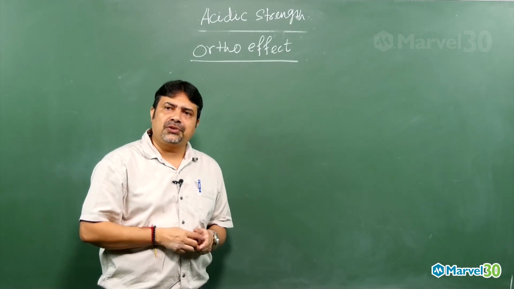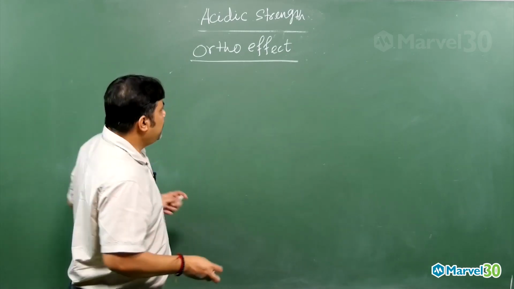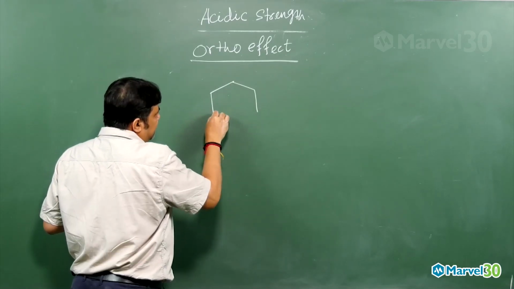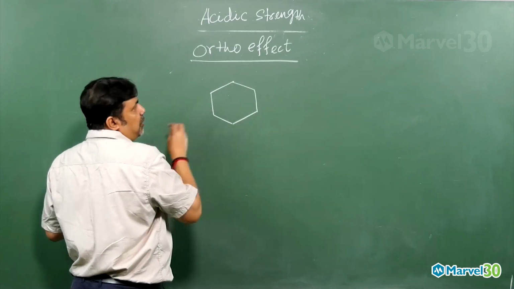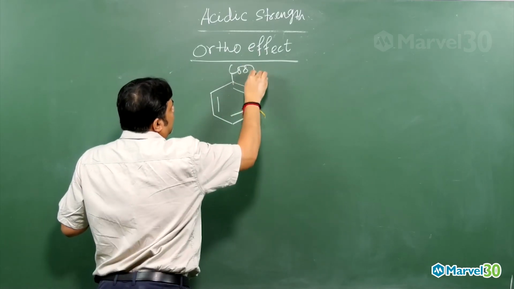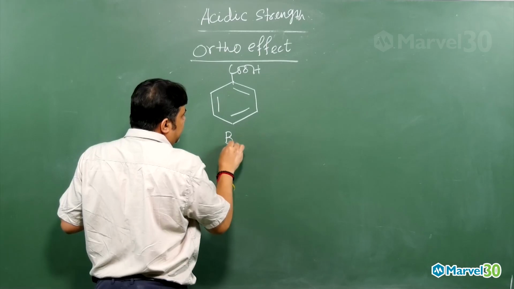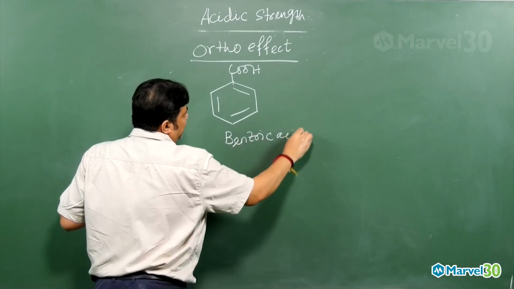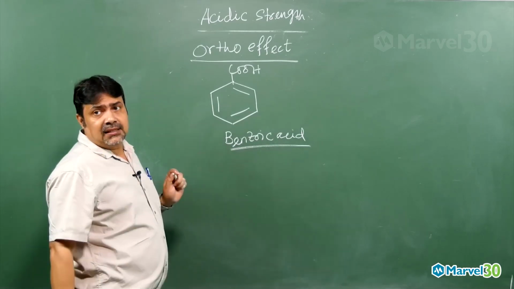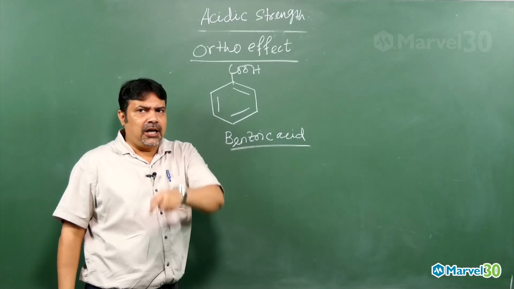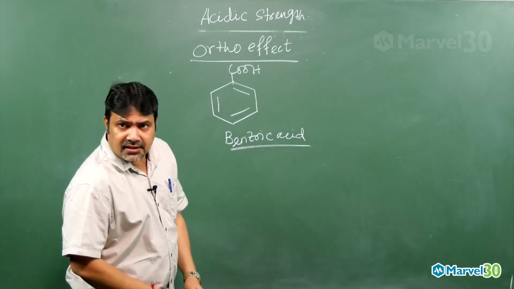Suppose I am writing this benzoic acid. Everybody knows this is called benzoic acid. The benzoic acid pKa value is around 4.2, acetic acid pKa value is 4.7, formic acid pKa value is 3.4. That is the idea.